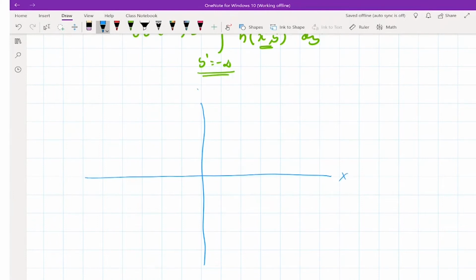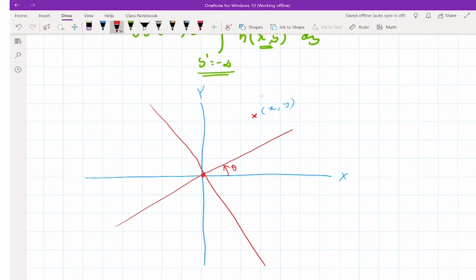You have the x-axis and y-axis, and you have now rotated them by an angle theta. Consider a point whose coordinates are x comma y, and after this transformation, let those coordinates be x prime comma y prime. How are they related to each other? This is what we are going to work out now.